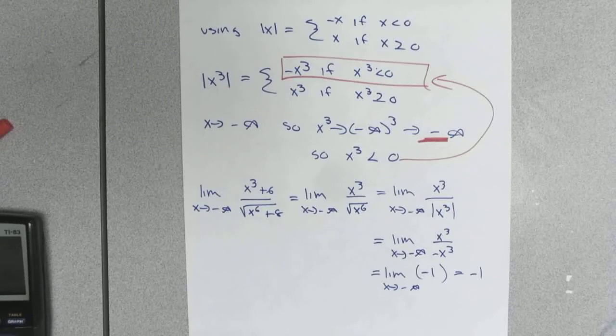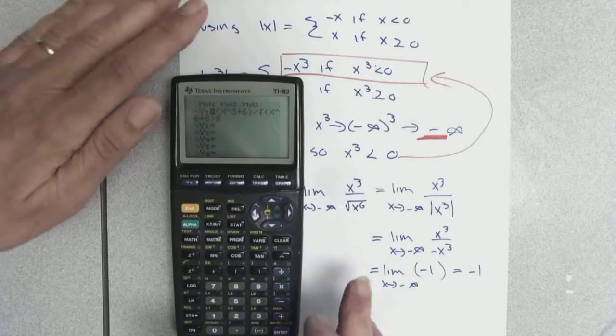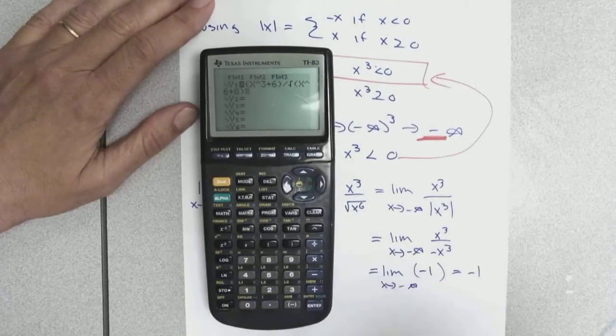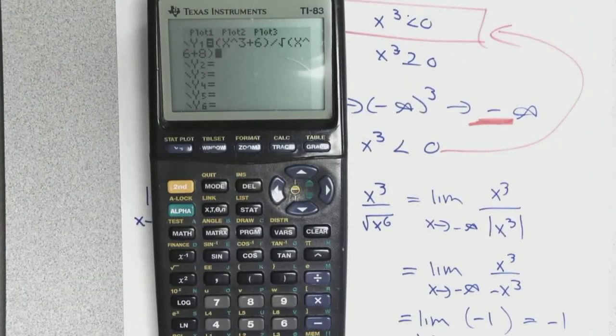So I'm going to get my function in here and we'll look at it and we'll pray that I'm right. x cubed plus 6 divided by the square root of x to the 6th plus 8. Can I see it there? Let's zoom in a little bit. Okay, so I've got my original function in there.